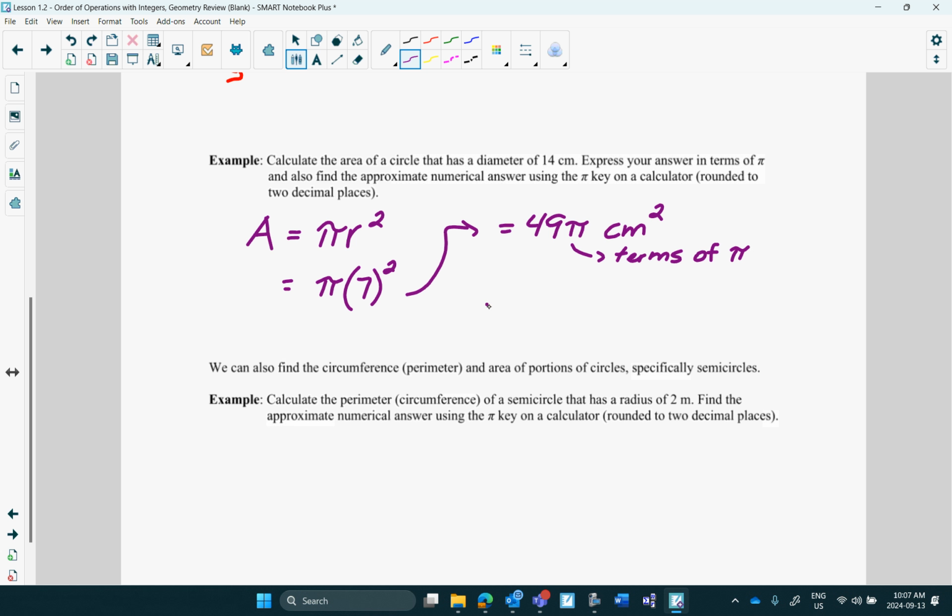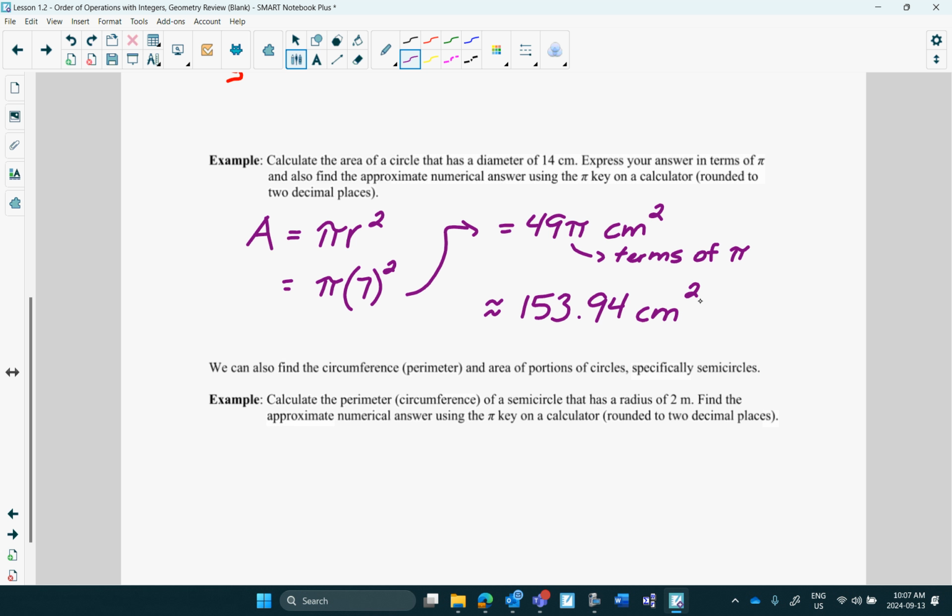If you do 49 times the pi key on your calculator, you would get approximately, rounded to two decimal places, 153.94 centimeters squared. That's using the pi key.